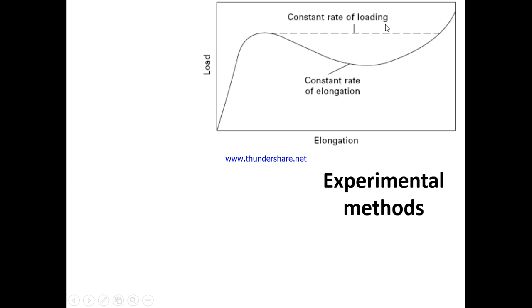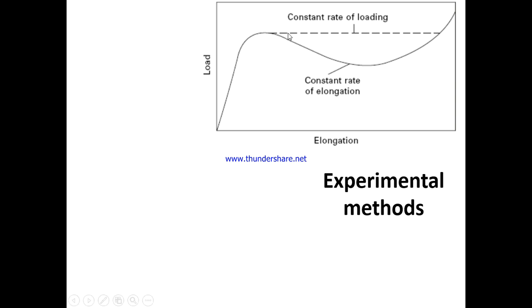Constant rate of loading is a principle by which a constant amount of load is added to the specimen for the measurement of its strength. In case of constant rate of elongation, the rate of extension is fixed. That means a fixed amount of extension is given to the specimen for the measurement of its tensile strength.